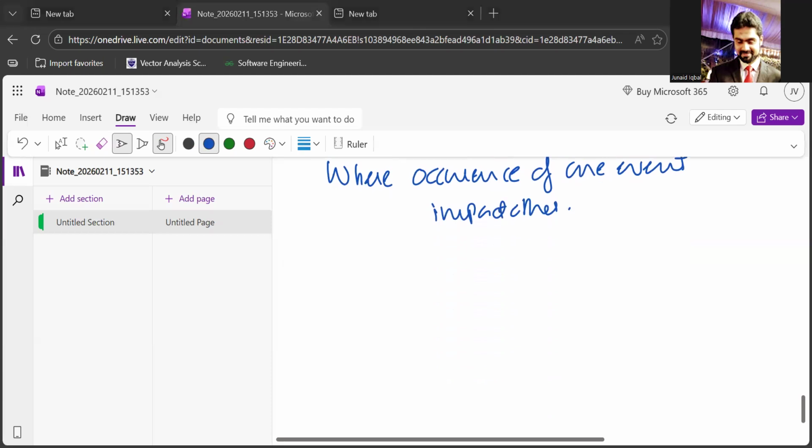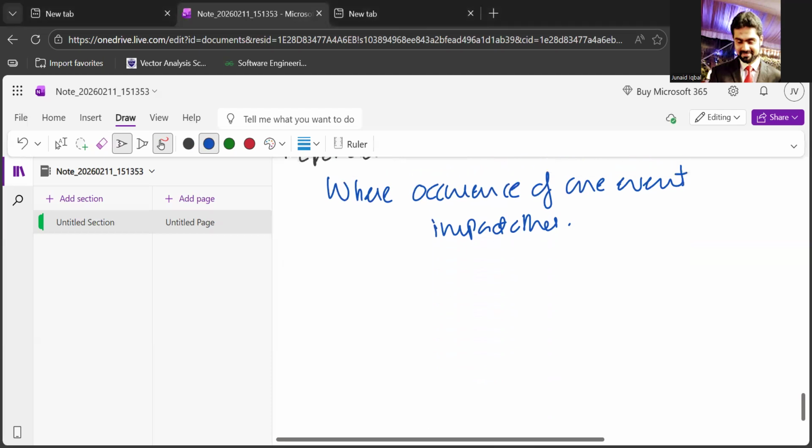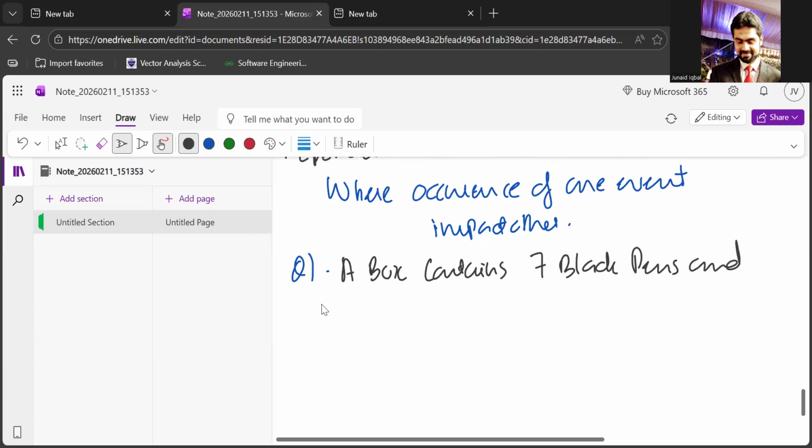Let's say a box contains 7 black pens and 3 blue pens, and 2 pens are picked without replacement.